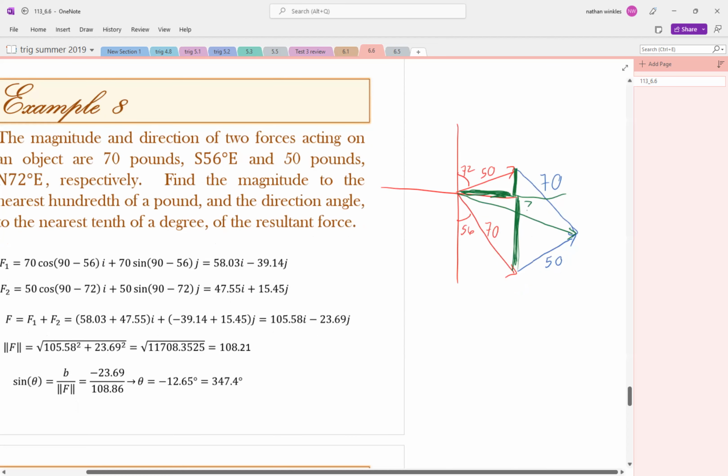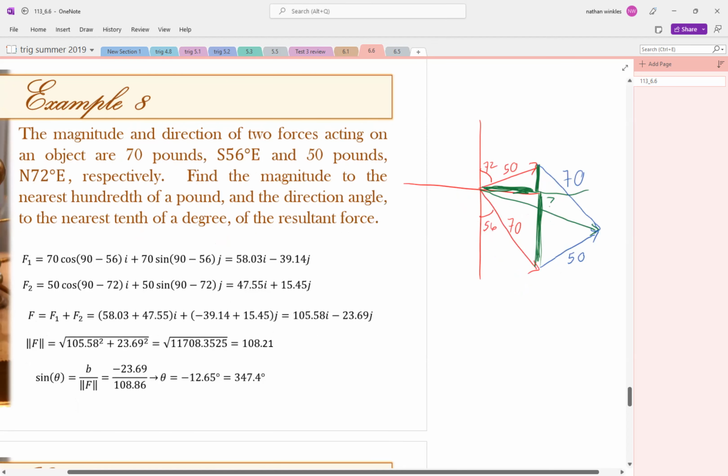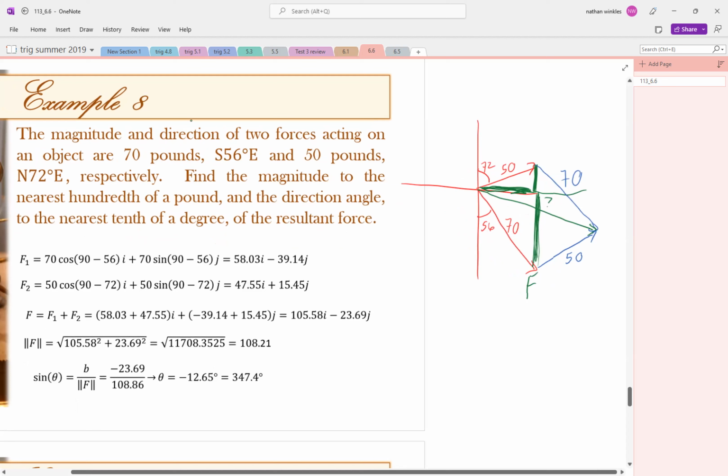So for my force 1, which was my 70 pounds force, this is F1 and this is F2, and I'll call this F3. For force 1, it's 70 times cosine of 90 minus 56 i plus 70 times sine of 90 minus 56 j. That gives me 58.03 i minus 39.14 j when we pull up our calculators.